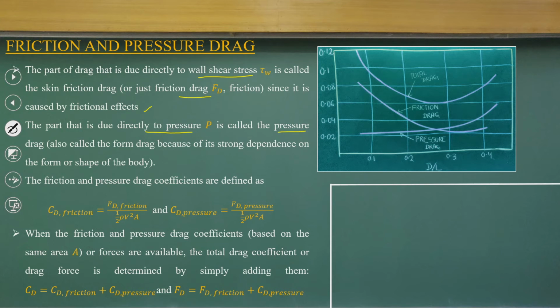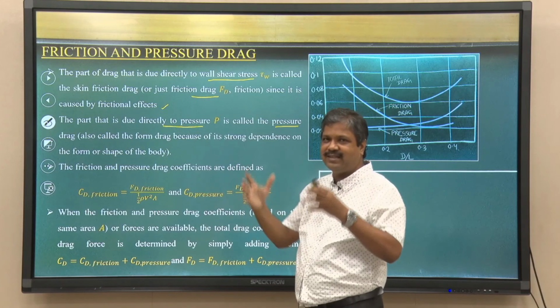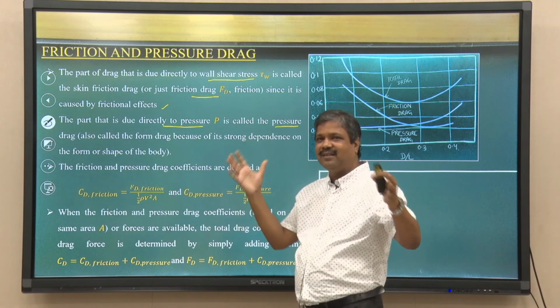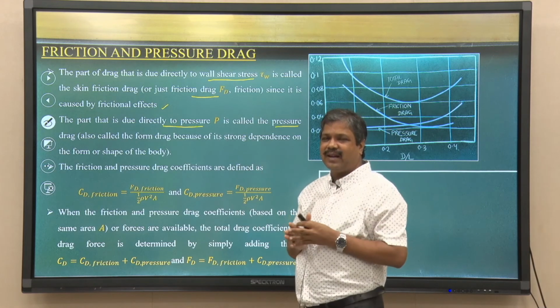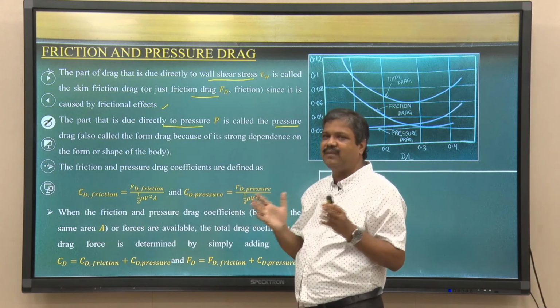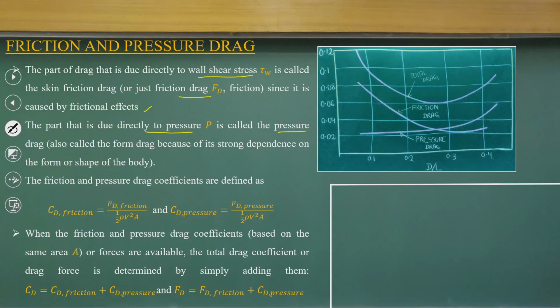Because it depends upon the shape or form of the body, for example tall or high-rise buildings having rectangular or circular platforms, it differs. This is the form drag, which depends upon the shape and form of the body.